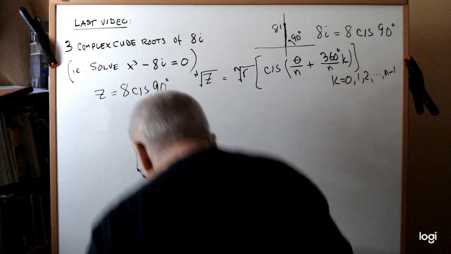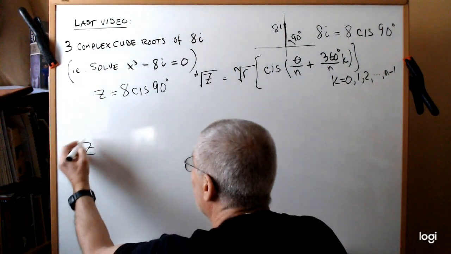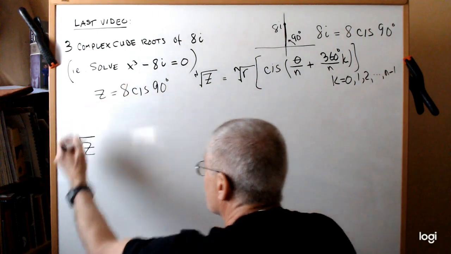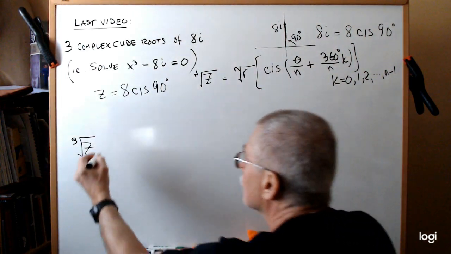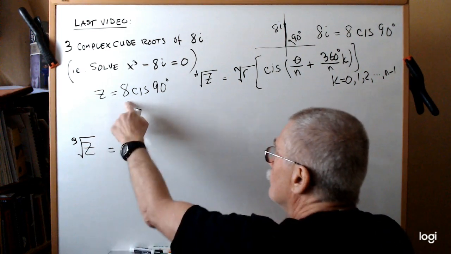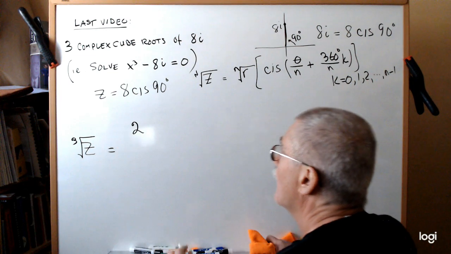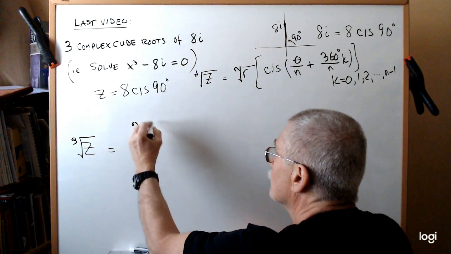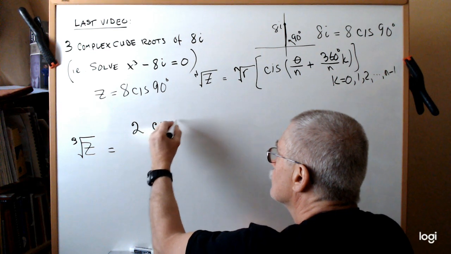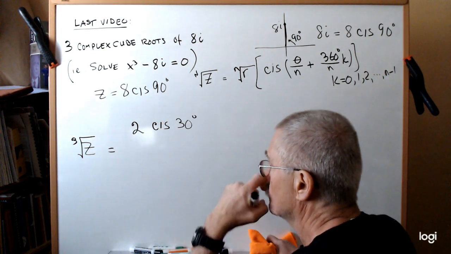Okay, so here we go. Whether we use x or z, in this case it doesn't matter. We start out with the cube root of 8, which is 2. And we take 1/3 of the angle, we divide it by 3. So it's going to be 2 cis 30. And that will be the first of our cube roots.